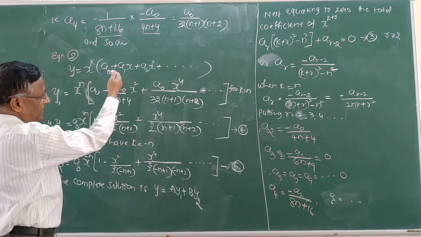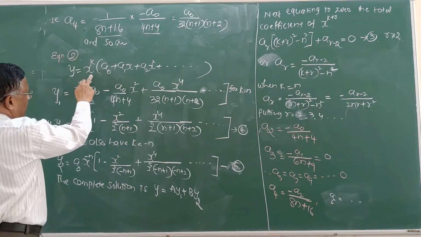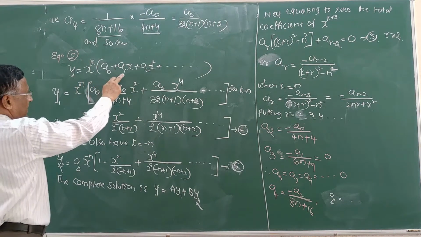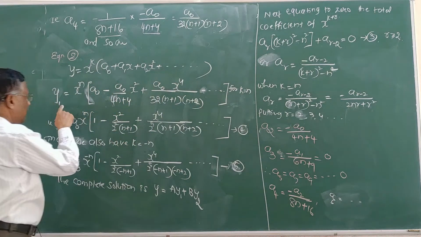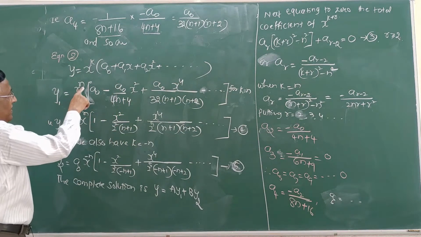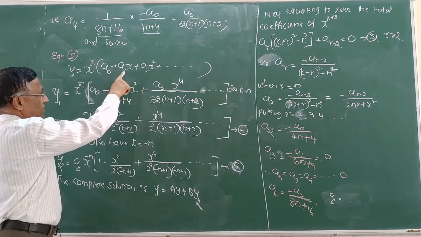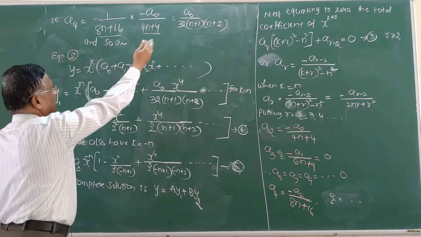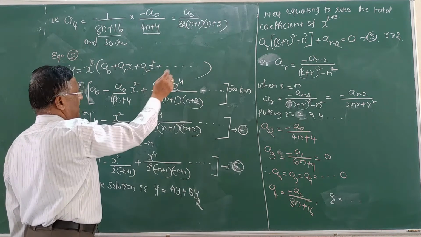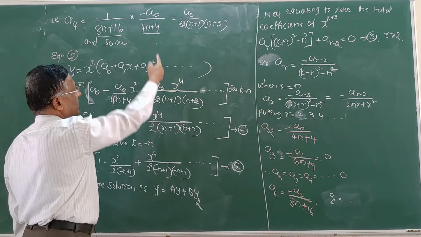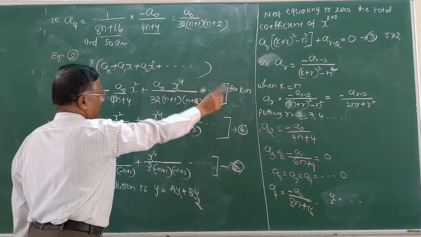Substituting the values of all these a0, a2, a4 etc. into equation 2, that is y equal to x raised to k into bracket a0 plus a1x plus a2x square plus so on, with k equal to n, we get the first solution y1 equal to x raised to n into bracket a0 plus, a1 being already 0, a2 equal to minus a0 divided by 4n plus 4, a3 is 0, then a4 is a0 divided by 32 into n plus 1 into n plus 2, x raised to 4, plus so on.